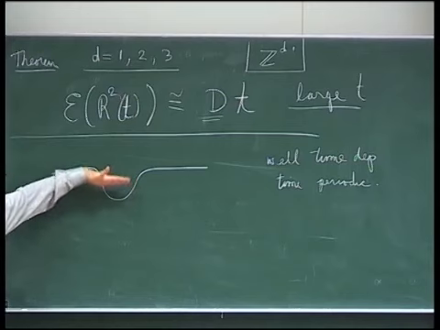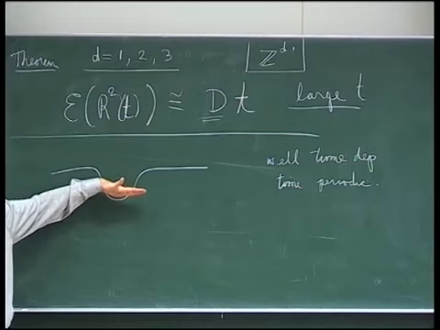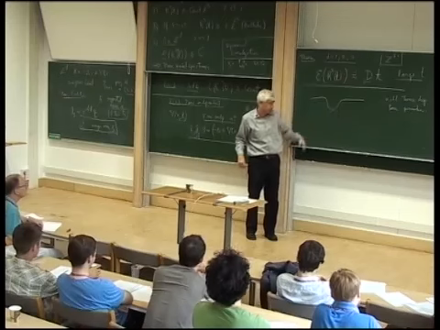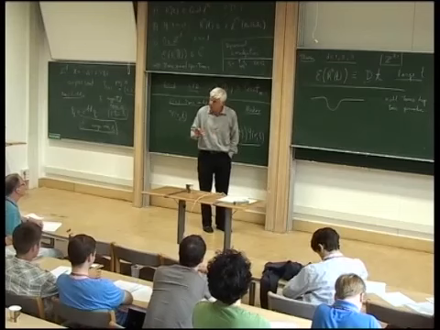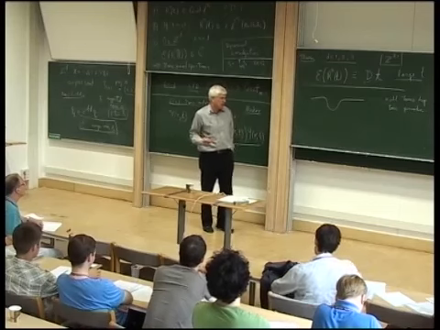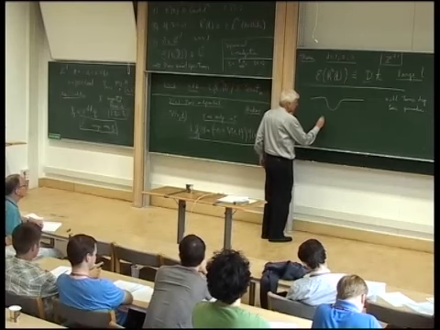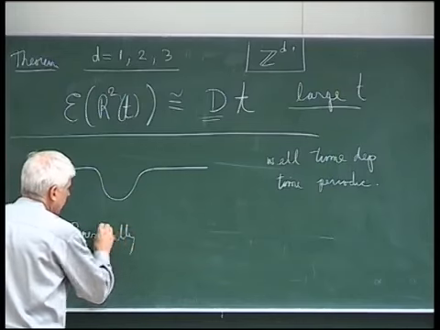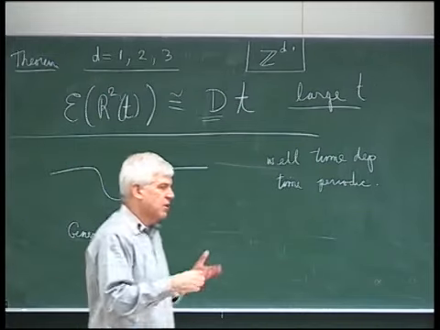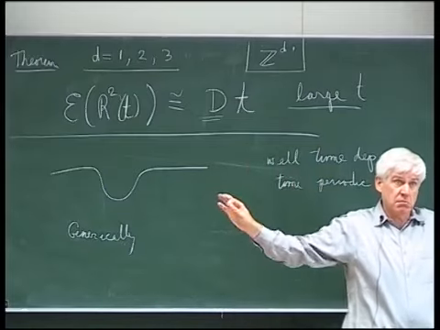Maybe it just moves a little bit up and down periodically. Then I would say, and this is a generic statement, you have to be somewhat careful about it, but roughly speaking, generically, if you start with a wave packet that lives in here, it'll all go out to infinity. None of it will be left.